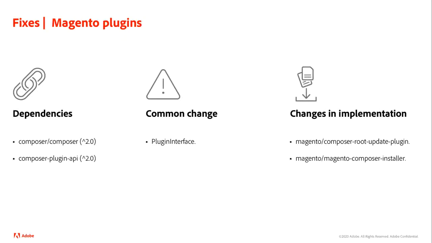With the Composer root update plugin, we were kind of safe, but we also needed to test our solutions with multiple versions of Magento, and the same for the Composer installer. Because as soon as we release these packages publicly, Magento versions 2.3, 2.4, all the versions will get the latest version of this plugin.